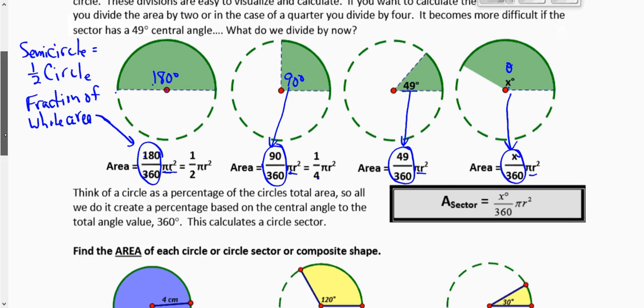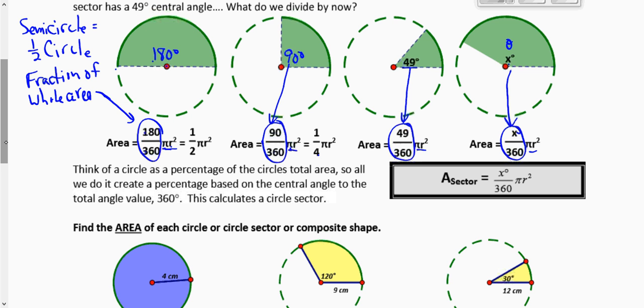So that brings us down here. The area of any sector is just some fraction of the entire circle. How do you get that fraction? You take the angle that forms the sector, divide it by 360. And a lot of these you can put in lowest terms if you need to, or you can just throw them right in your calculator as is. We'll do a little bit of both as we move along.